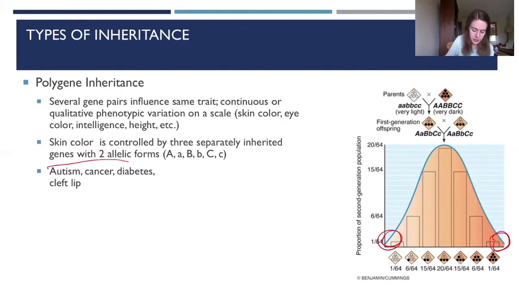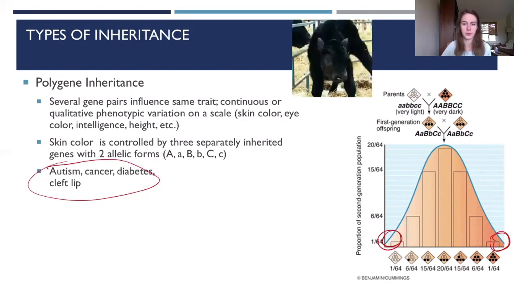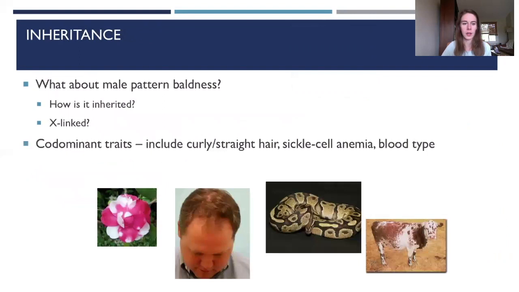So this is the reason why these diseases, autism, cancer, diabetes, cleft lip, and there are others, any of these conditions are really hard to treat and hard to weed out of a population because you have so many genes that are influencing this trait in some way.